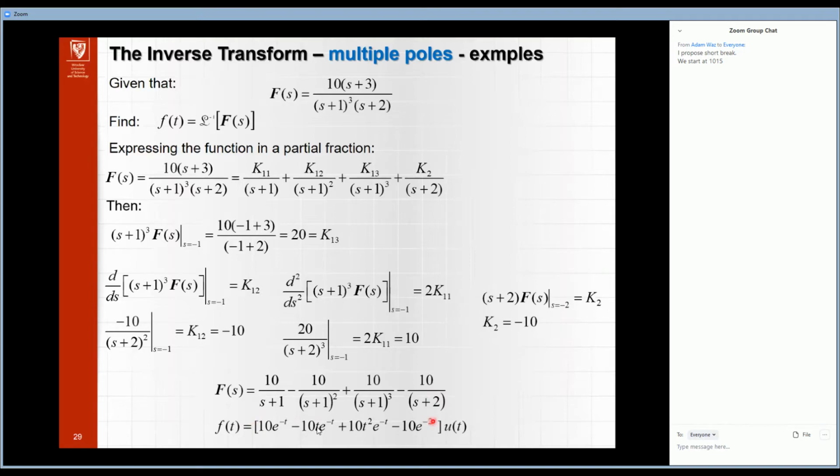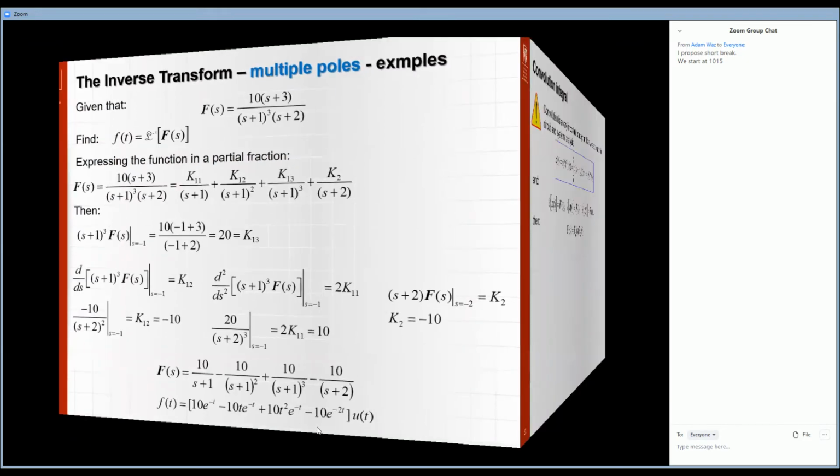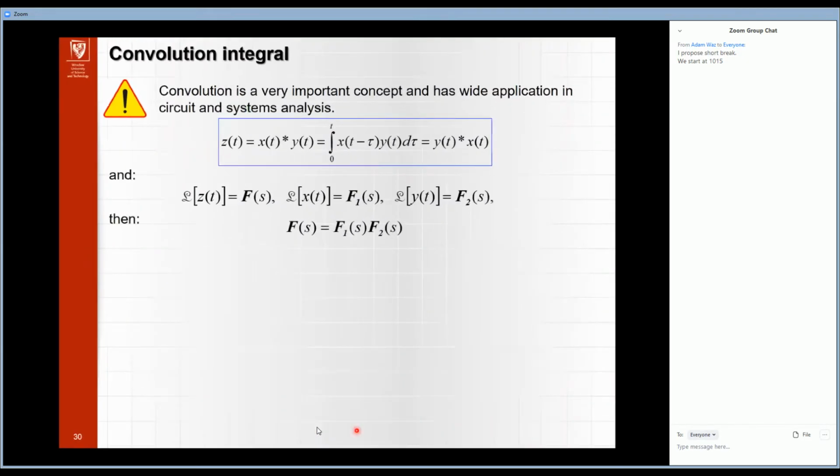This one and this one are similar, and we know that differentiation in the S domain means multiplication by t in the time domain, from the properties of the transformation. This is how we can return from the S domain to the time domain.